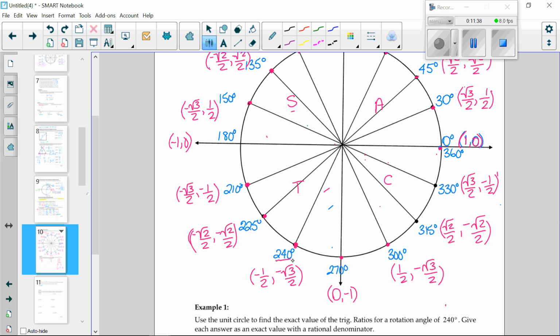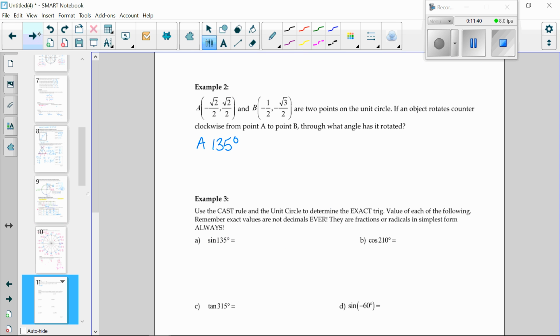So it's 240 degrees. So B is 240 degrees. I want to know what is the angle between the two of them. So all I'm going to do is 240 degrees, take away 135 degrees, which gives me an angle of 105 degrees.